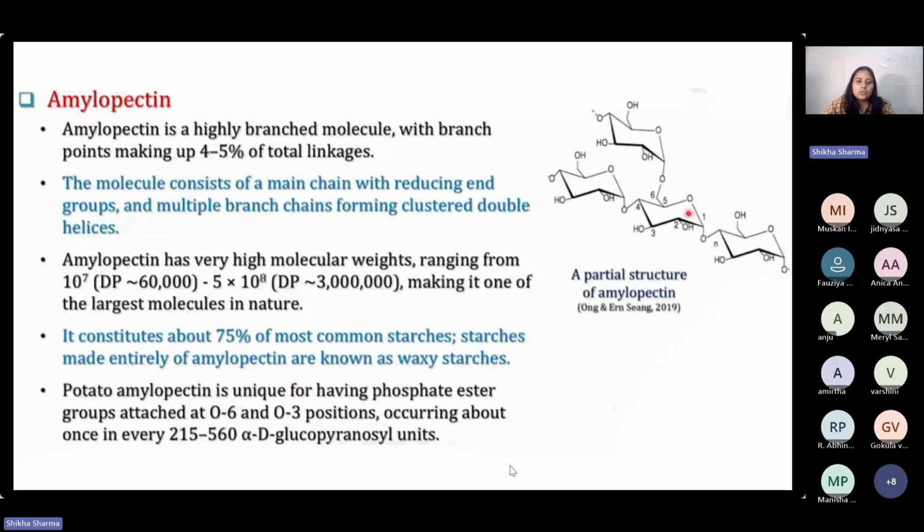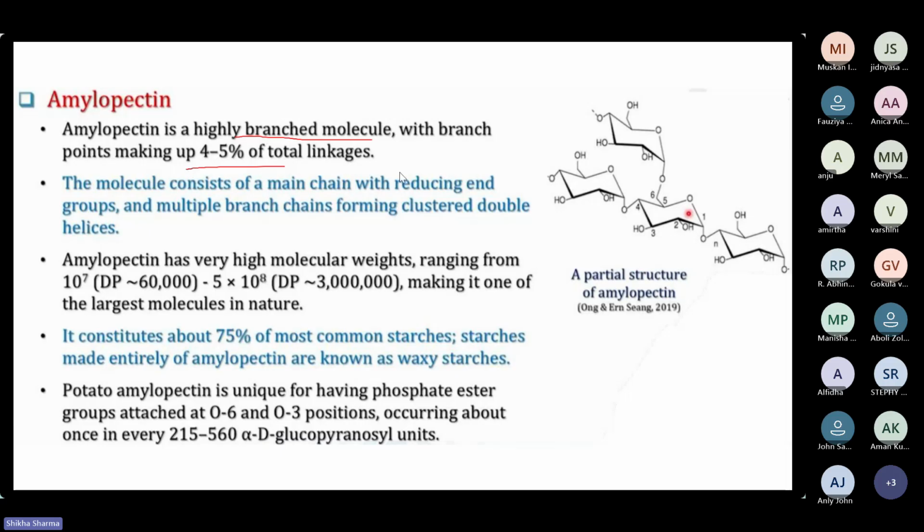The second unit is amylopectin. Amylopectin is a highly branched molecule, with branch points around 4 to 5% of the total linkages. It is like this, so it will have this branch attached to this linear chain.